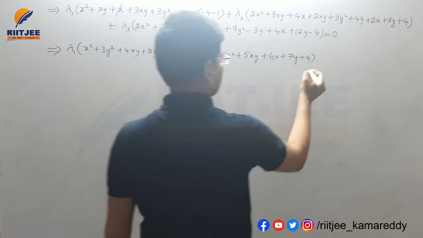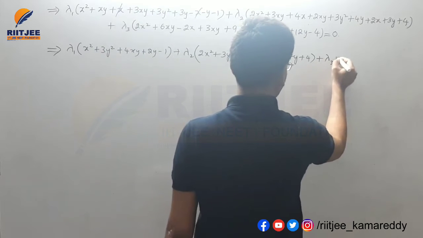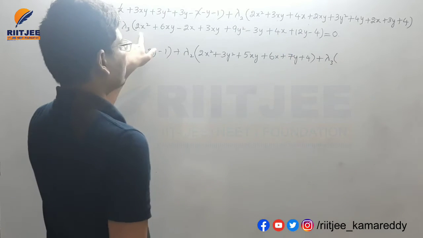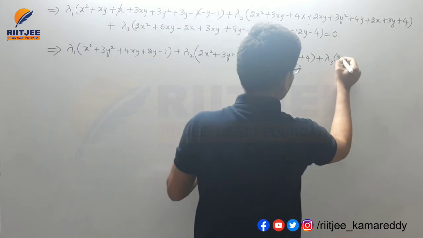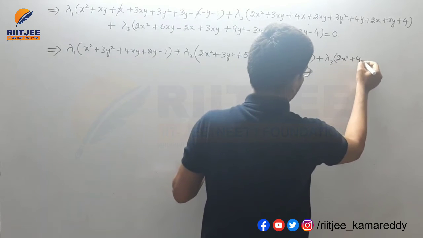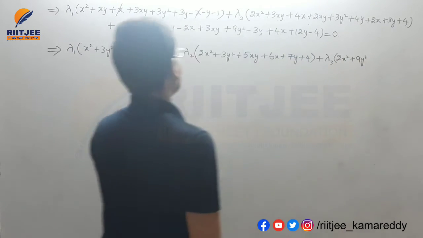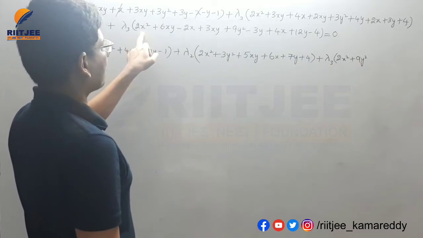Next, lambda 3 into 2x square plus 9y square. Let's write the values of 2x square, 9y square.